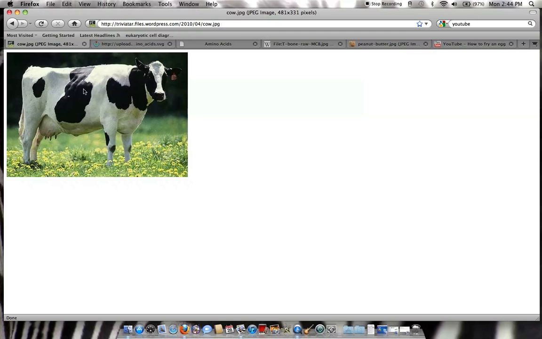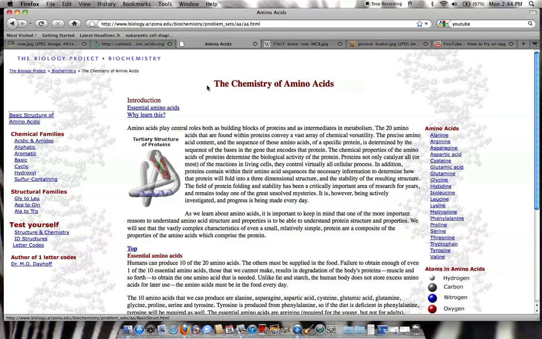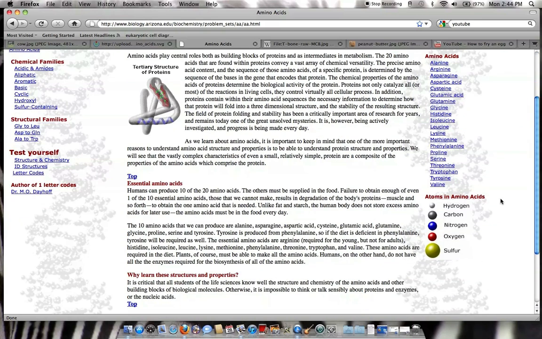All right, so let's take a look now at the structural component of a protein. Proteins are made of amino acids. There are about 20 amino acids. There are about 10 that our body can make through various chemical reactions.